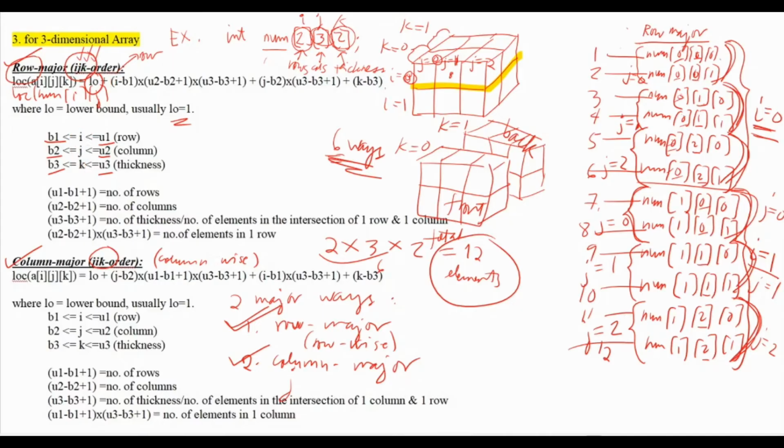So in the formula, we have I minus the base of I, which is B1, times this expression here is equal to the number of elements in one row. One row because this is row major, or our primary reference is the row.